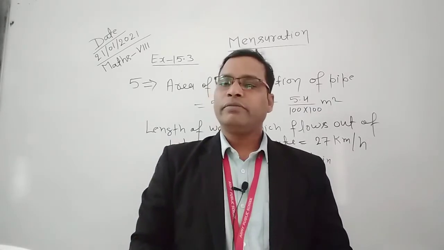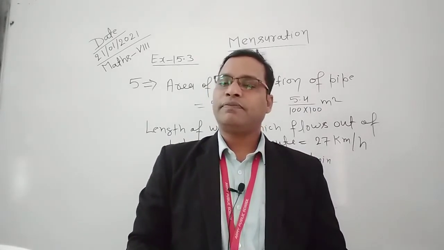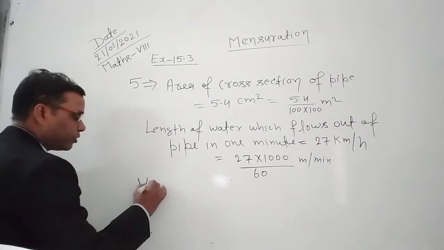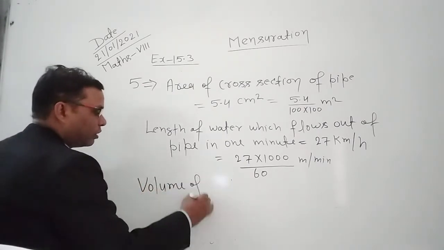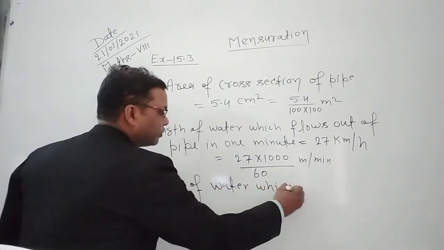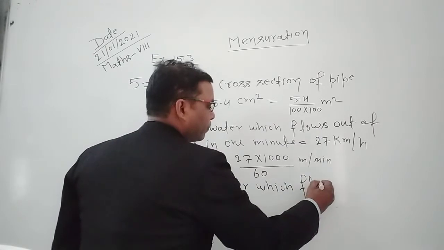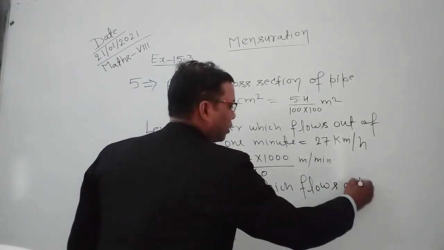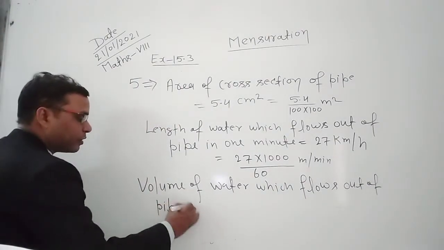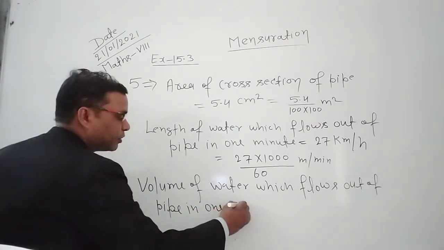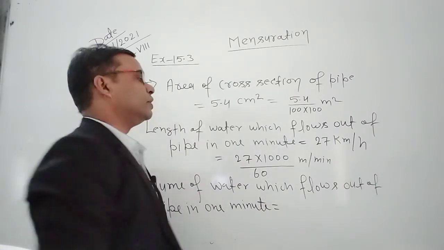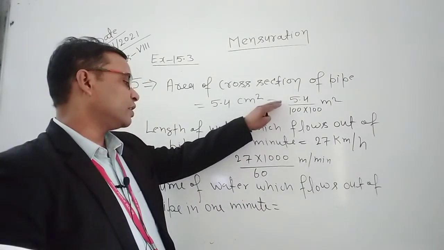So we need to find the volume of water which flows out of pipe in 1 minute. Volume of water is cross section area into rate.